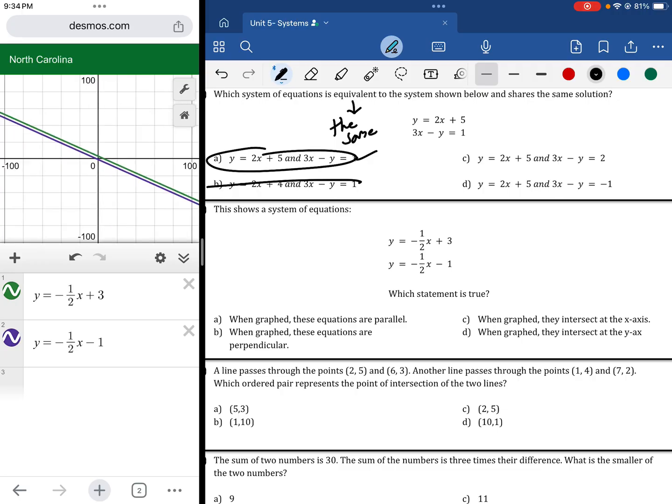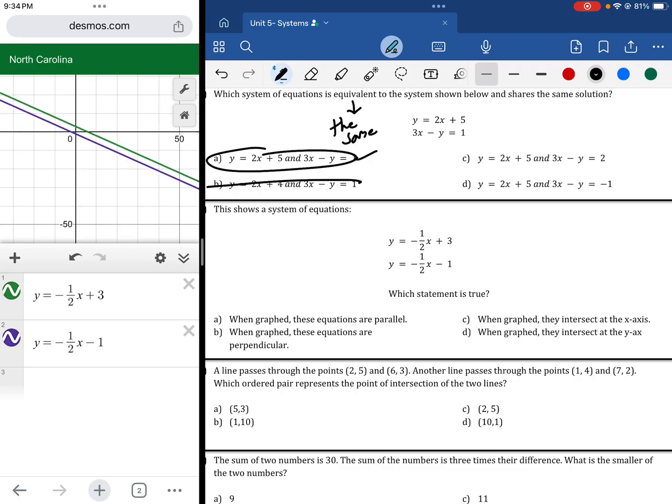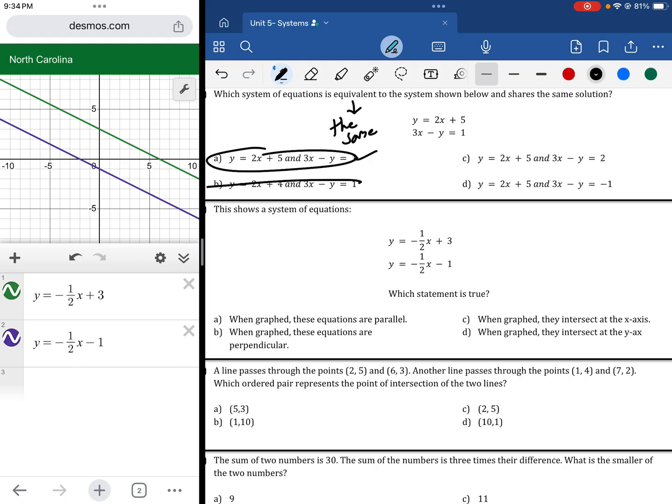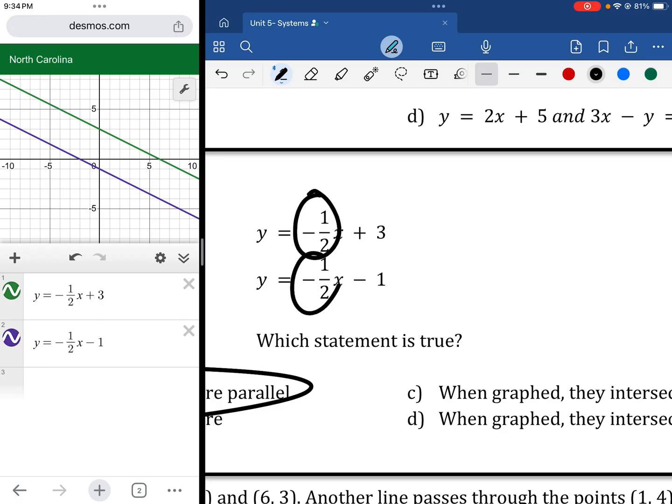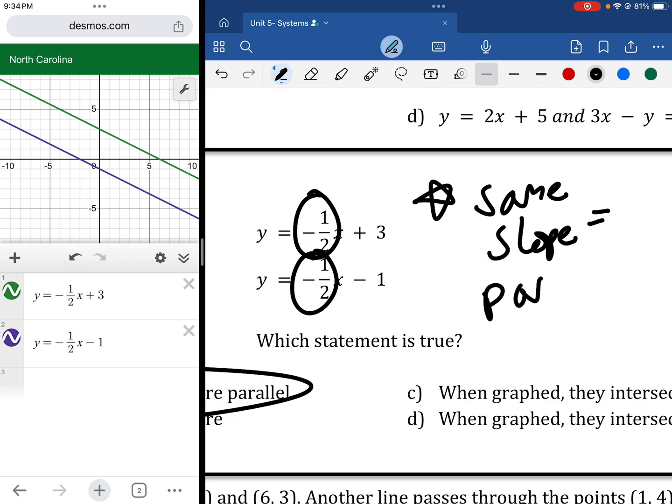If we zoom out, we see these two lines never, ever cross. They run next to each other forever and ever. So that means A, these lines are parallel. I'll tell you a little secret: we didn't have to put this one in Desmos. If you look right here, they have the same slope, which means they are parallel.